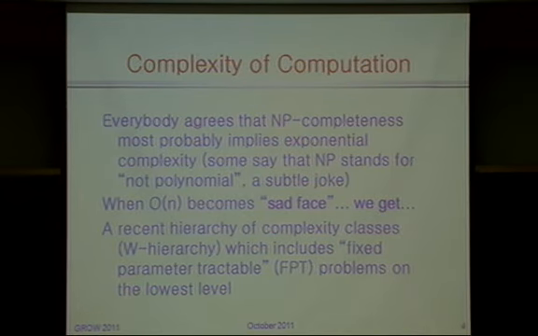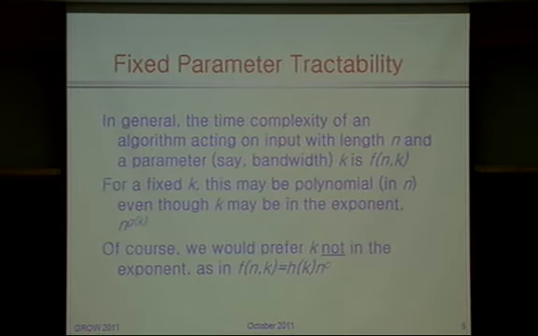And so I said sad face because this big O, of course, implies sometimes constants that are astronomical. So the W hierarchy, which includes fixed parameter tractable problems on the lowest level, deals with this.